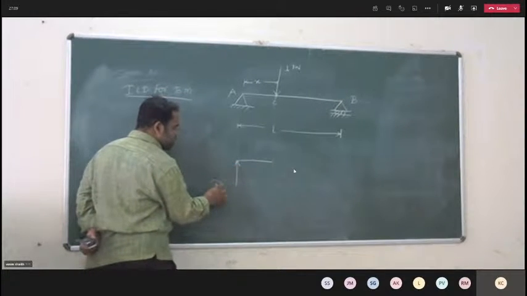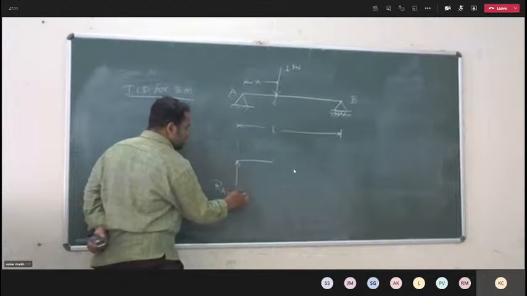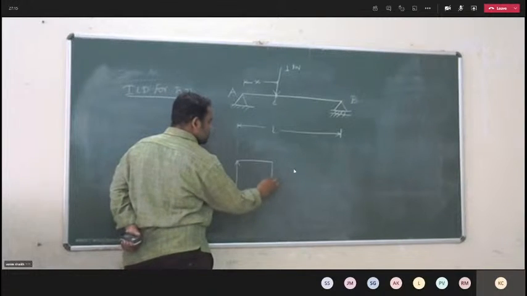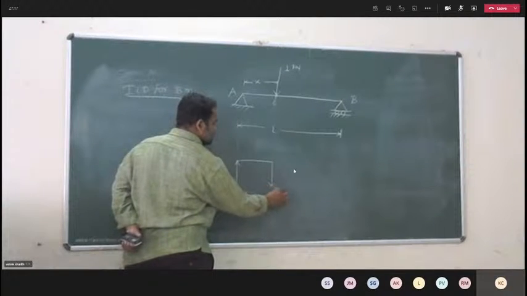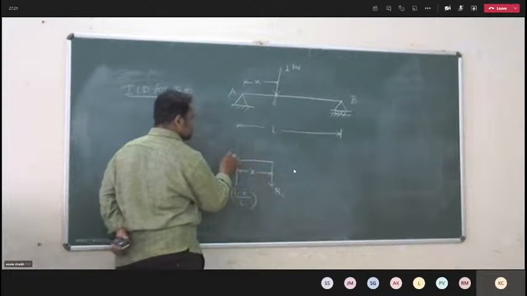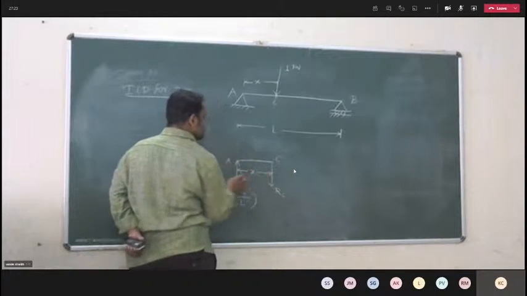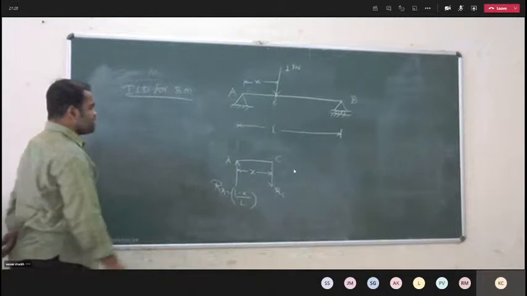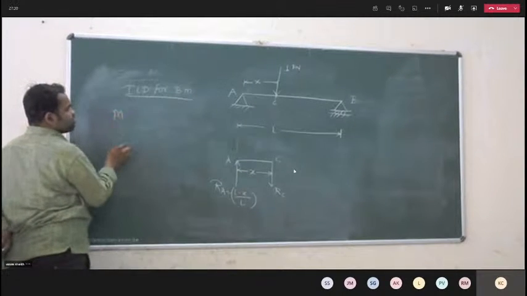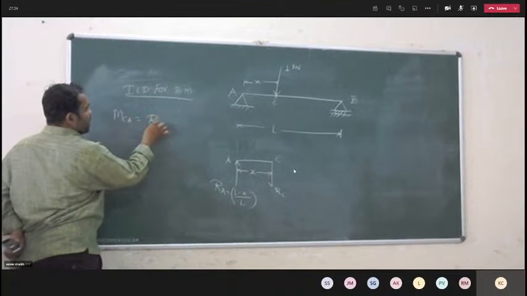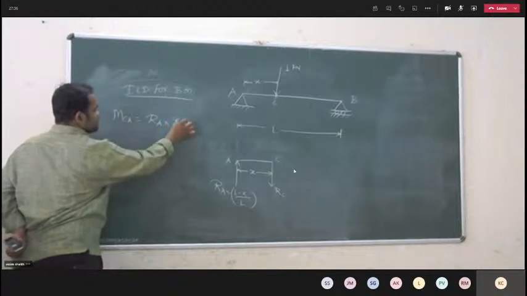RA value is already known to you, L minus x by L. So this is RC. The distance between A and C is x. Now, taking the moment about point C for the span AC, MCA is equal to RA into x.